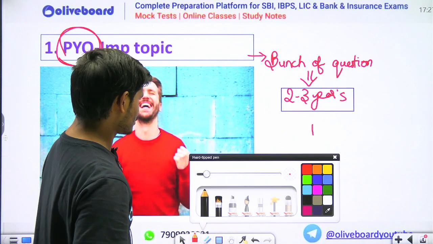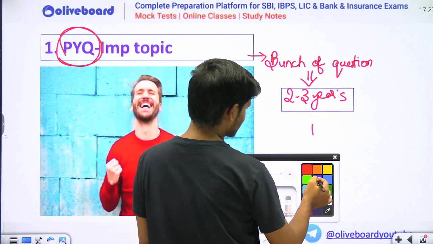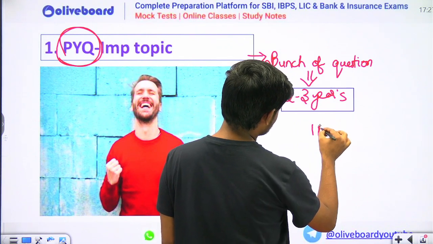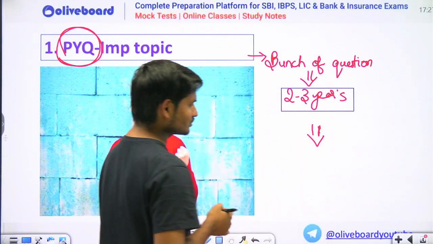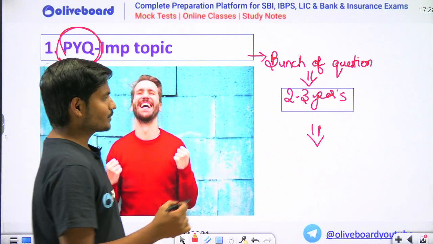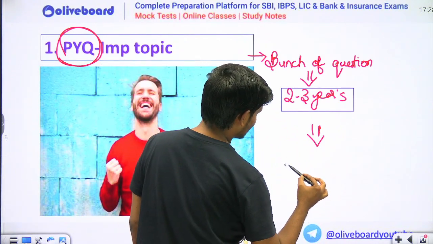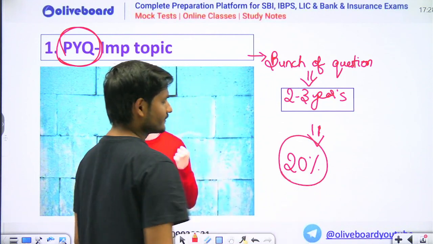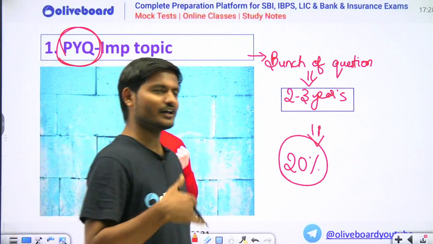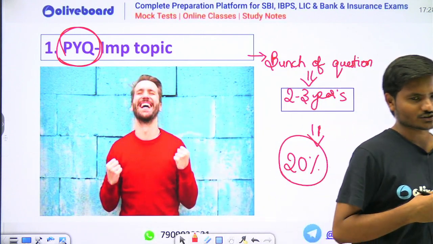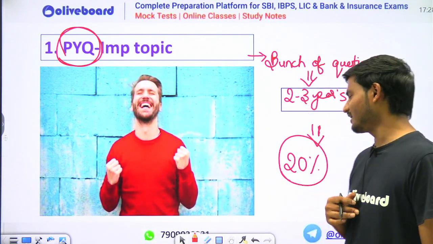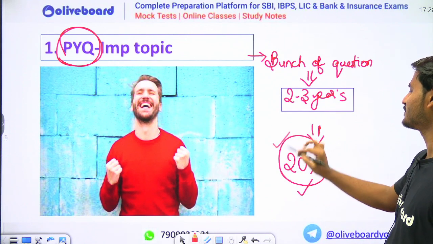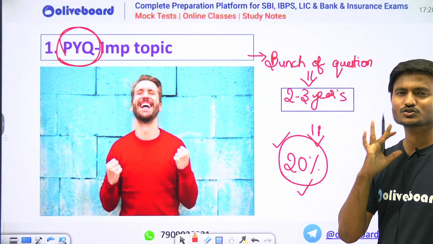You should go and do one thing. You should just try to see the 20% of the questions among the PYQs which have been asked regularly on a repetitive basis. So just try to see, learn and revise those 20% of questions, or those 20% types of questions, first of all.